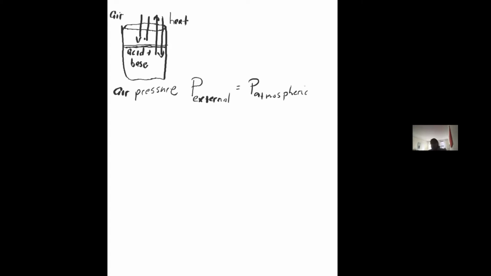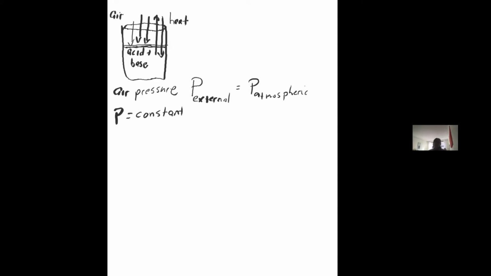The air is pushing down on the liquid where this reaction is occurring. And generally, we can say that this external pressure, P, is constant. It doesn't change.